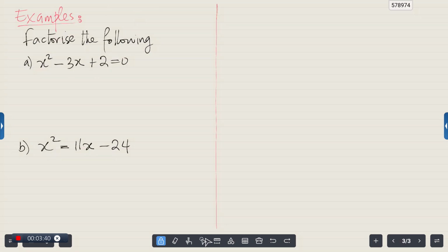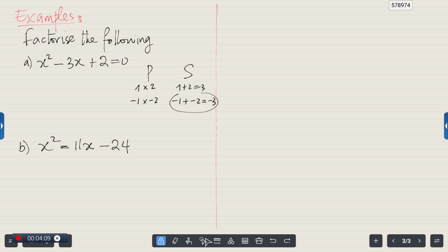More examples to factorize. I'll have the product. I'll have the sum. Just by virtue of looking at this, I have 1 times 2, minus 1 times minus 2. 1 plus 2 is 3. Minus 1 plus minus 2 is minus 3.